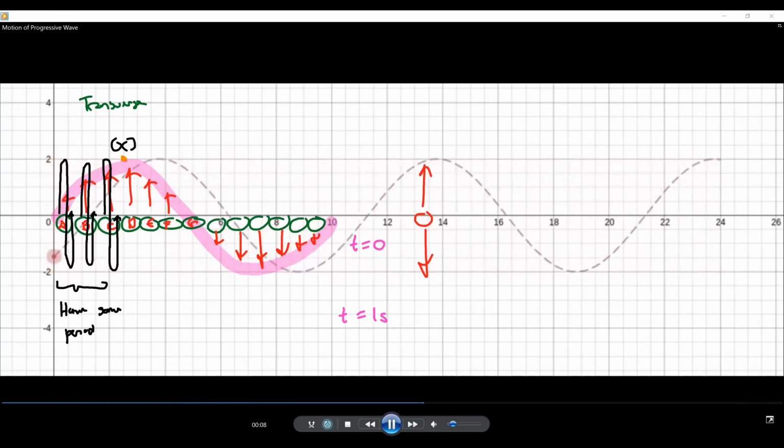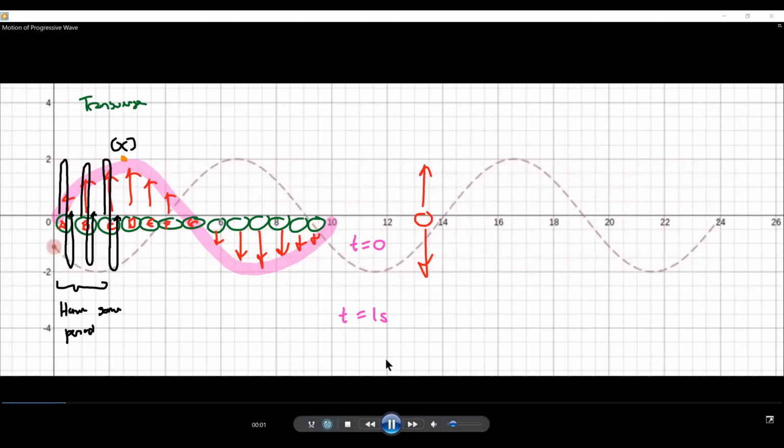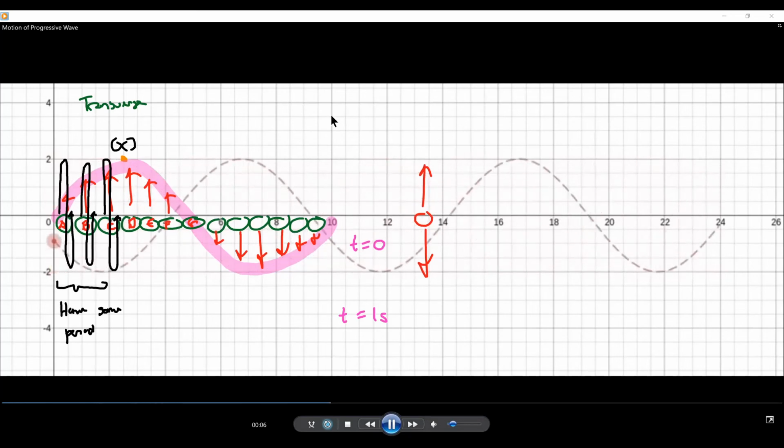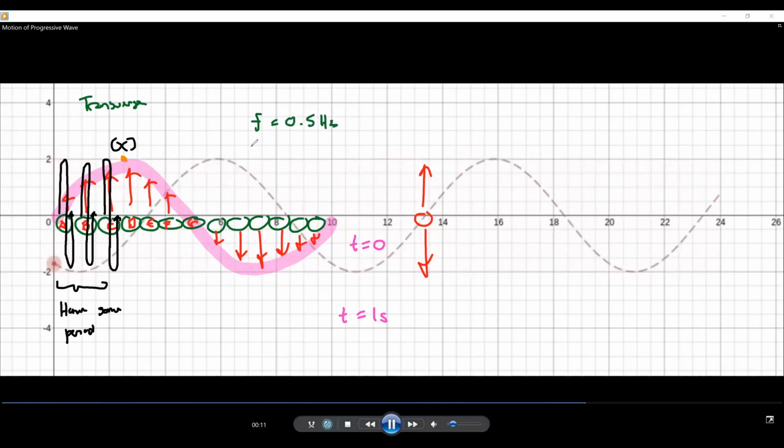So the question just now mentioned that you have a frequency of 0.5 hertz. Let me just write it over here. The frequency is 0.5 hertz. You want to find out what the period is.